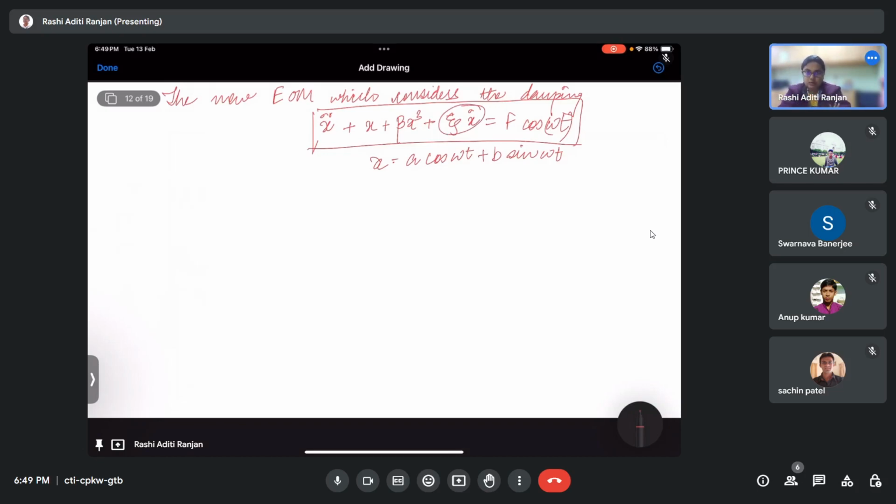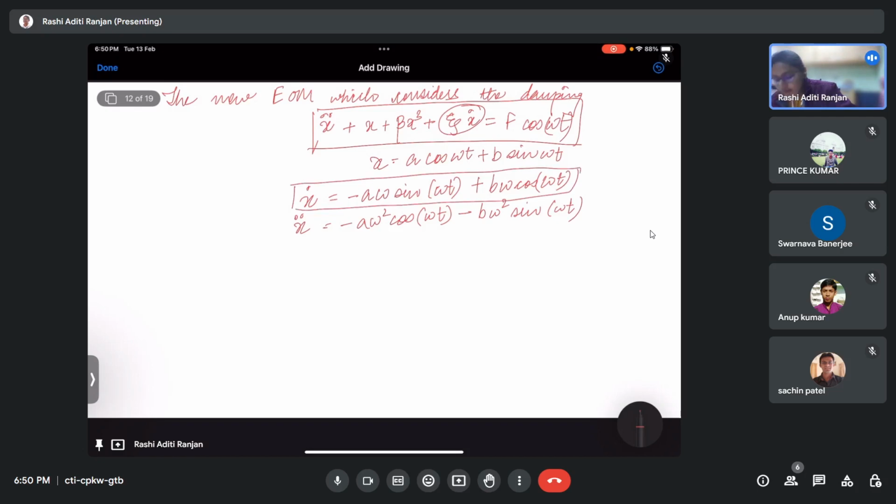I already have that x dot equals minus a omega sine of omega t plus b omega cos of omega t, and x double dot as minus a omega square cos of omega t minus b omega square sine of omega t. Only this expression will now be used. In the previous case, when I didn't consider the damping, this was not used. Now this will also come into the equation of motion.